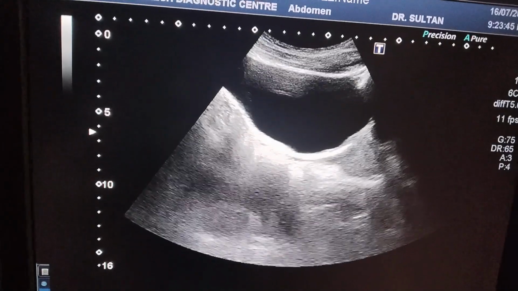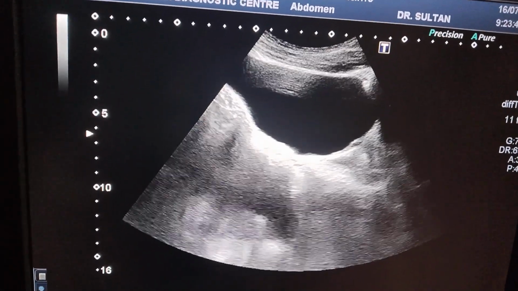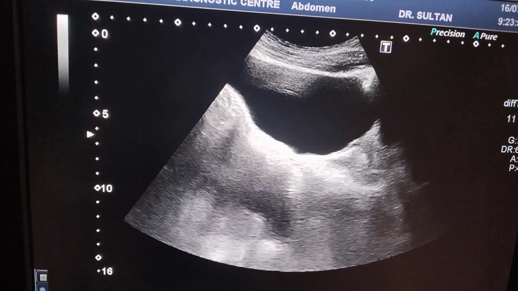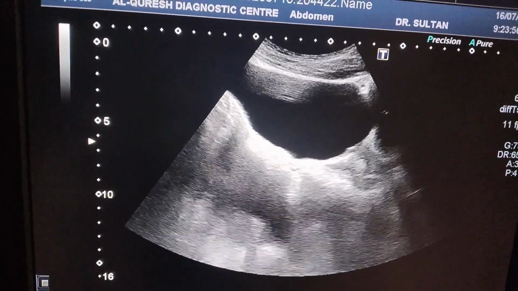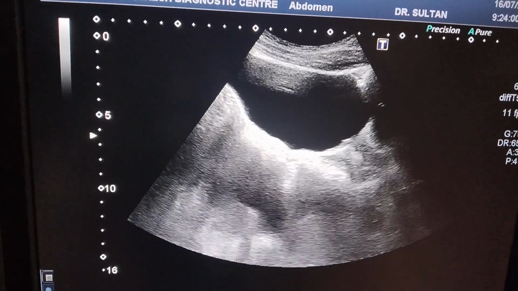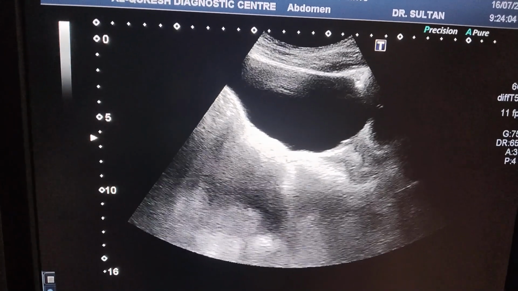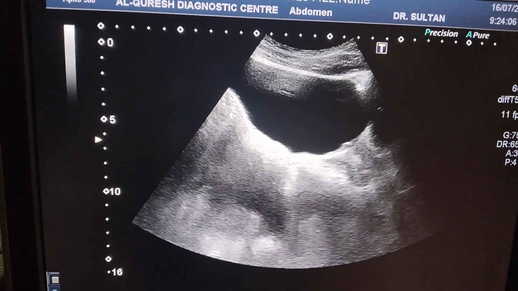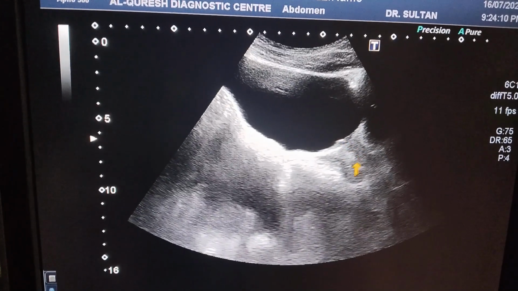When we do the sagittal plane, we keep the probe and tilt it, angle it downward toward the floor, or you can say toward the feet of the patient, so that we have a picture in which we can appreciate the prostate.